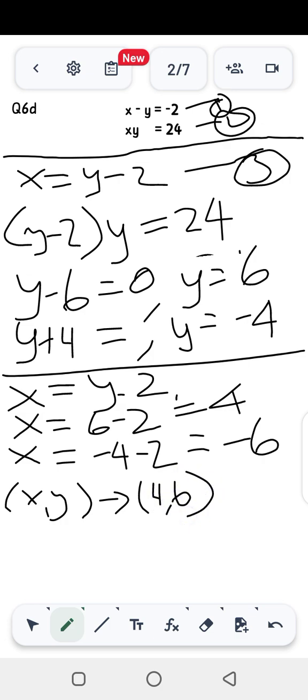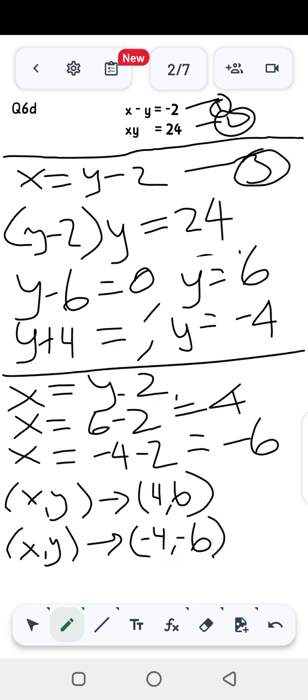And the other pair is when y is negative 4, x is negative 6. These values satisfy the equations, which means that when you put them back into the original equations, both will give you the same result. Thanks for watching.